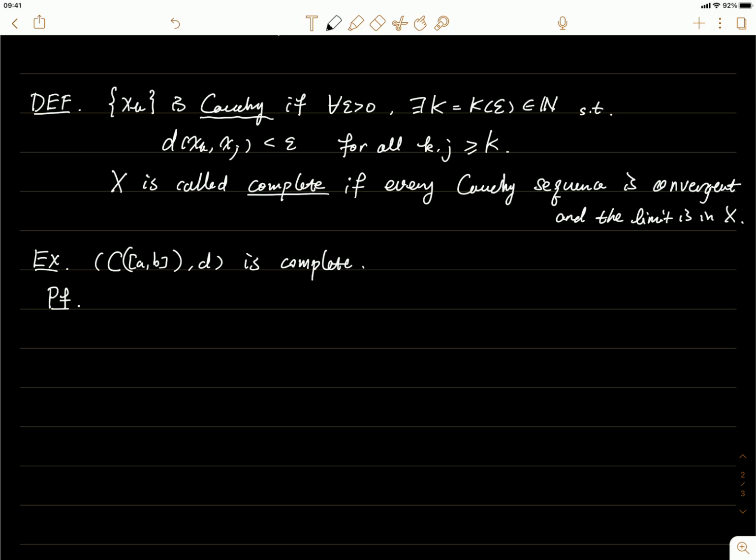Just to prove that, let's say I have a Cauchy sequence right here.